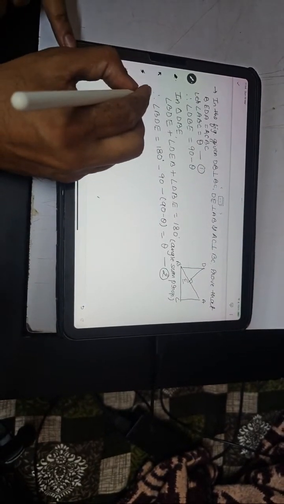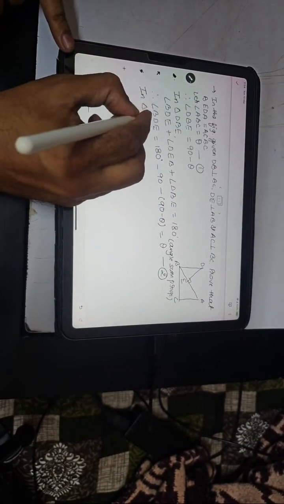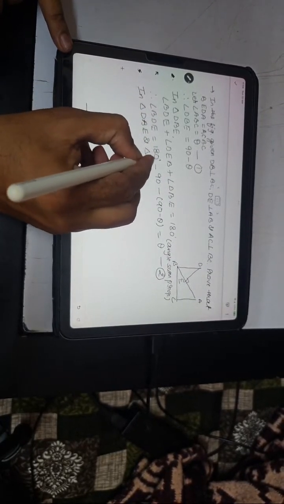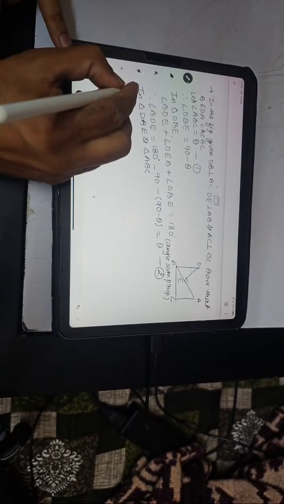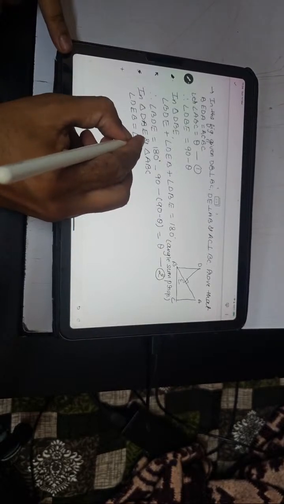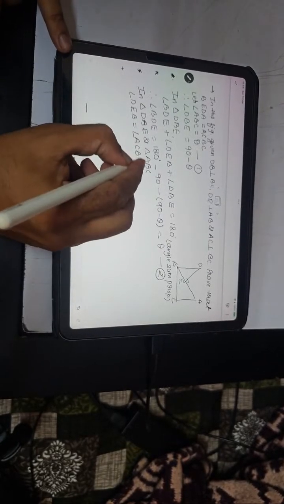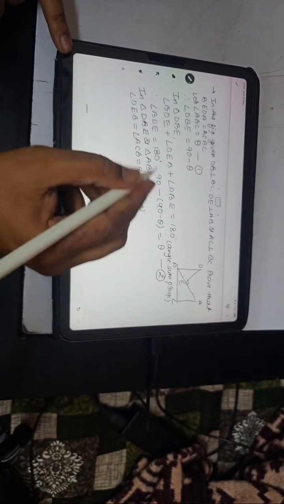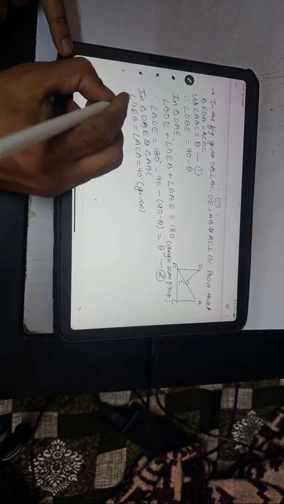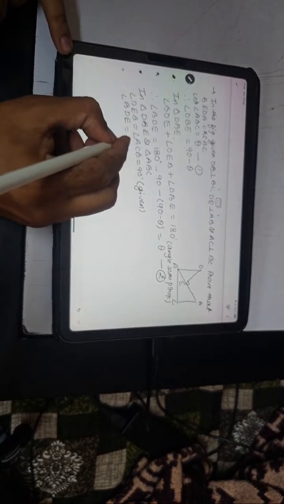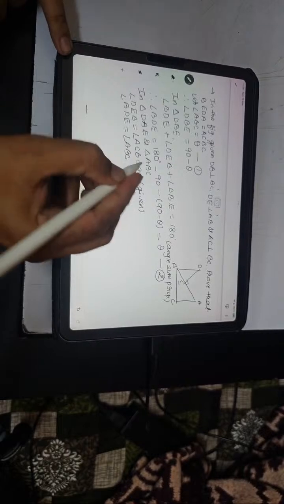Now in triangle DBE and triangle ABC, angle DEB equal to angle ACB equal to 90 degrees. This is given, right? Because it is told perpendicular. Then angle BDE equal to angle ABC.